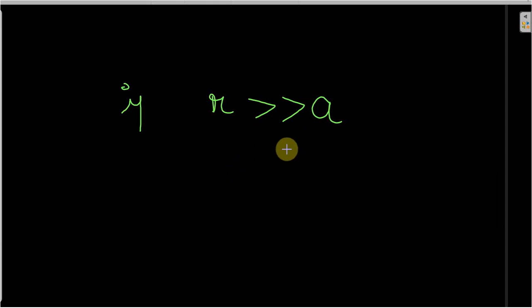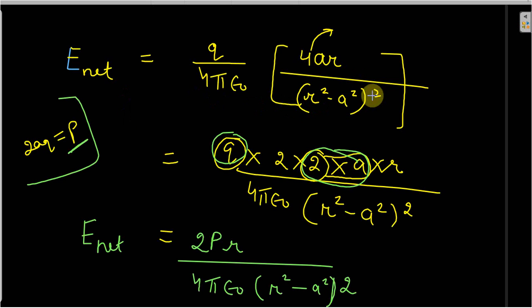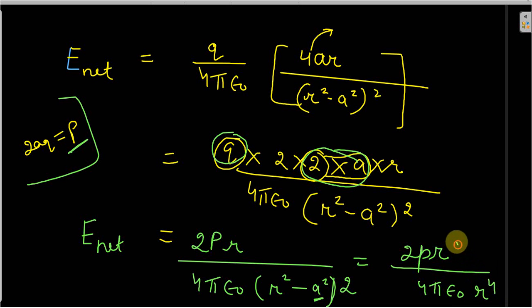In that case we can neglect the a. So in the previous equation, if we neglect the a, what will you get? 2pr over 4 pi epsilon naught, and a you will not write, you are neglecting a because the distance a is very small as compared to the distance of point P. So r to the power 4 and r will cancel, here 3 will be left.